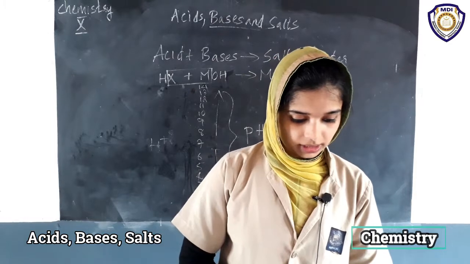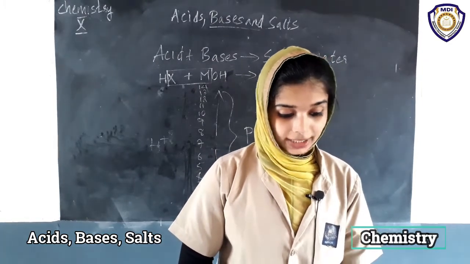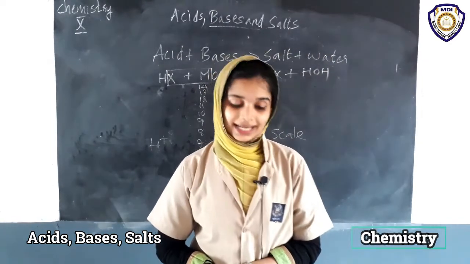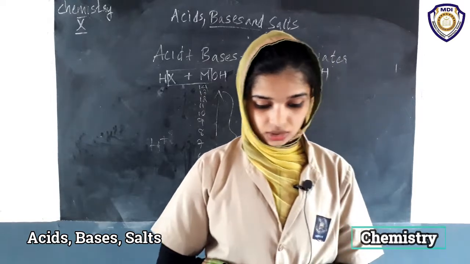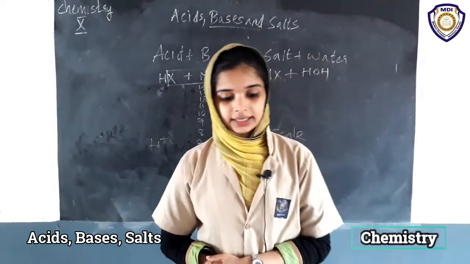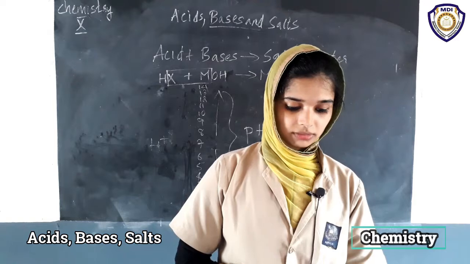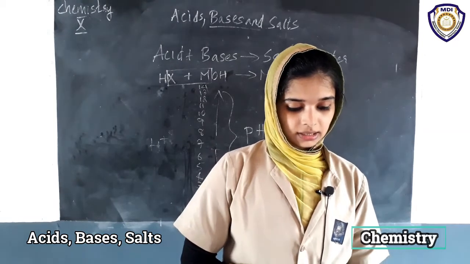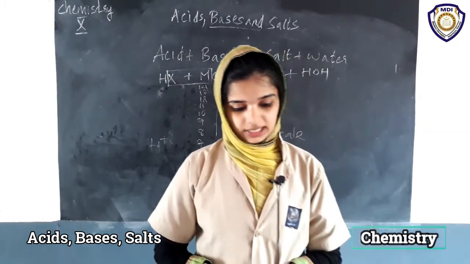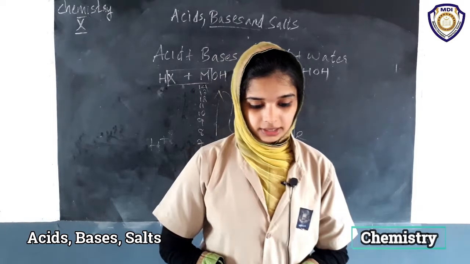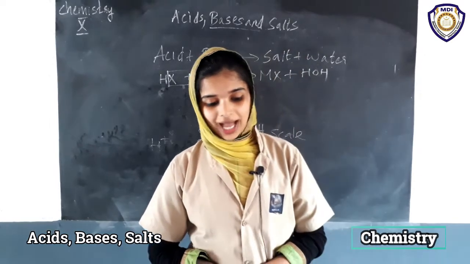Then tomato juice, light orange, pH 3. Then the nature of the substance is acidic. Then tap water, light green, its pH is 6.5, its nature is acidic.